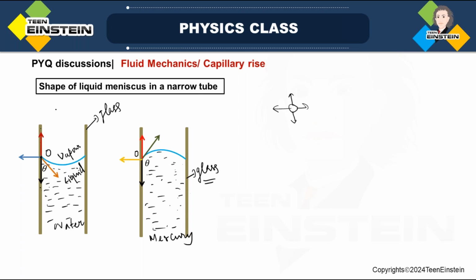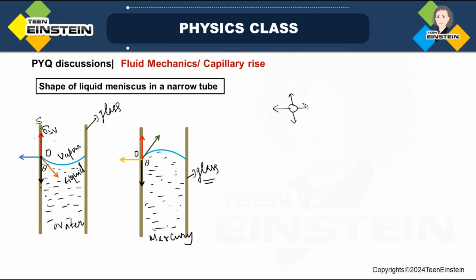So there will be surface tensions acting between the vapor and solid interface. So this is solid, this is vapor. Let us say this is sigma solid vapor. At the interface of solid vapor, this surface tension acts like this.